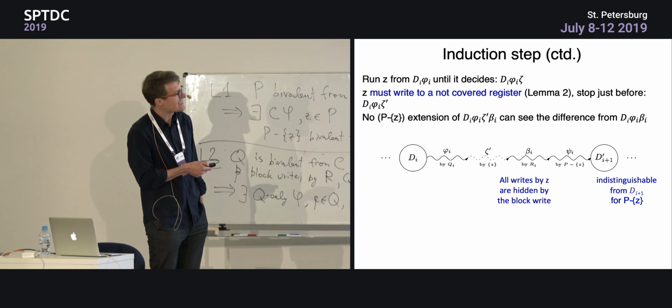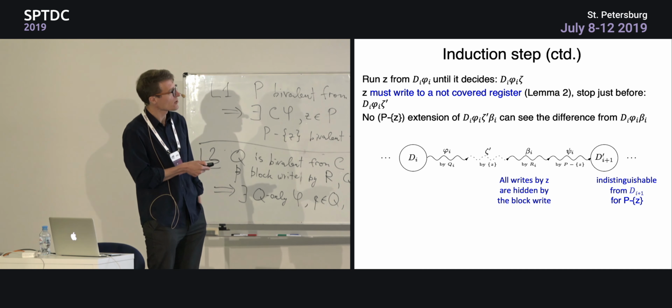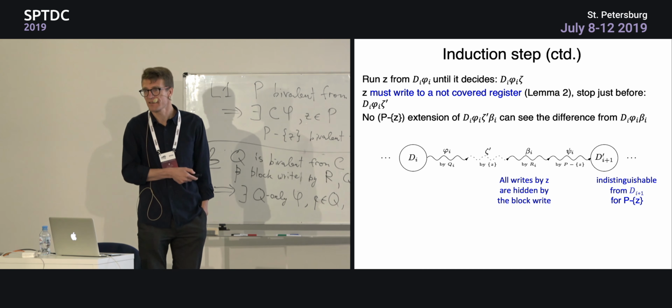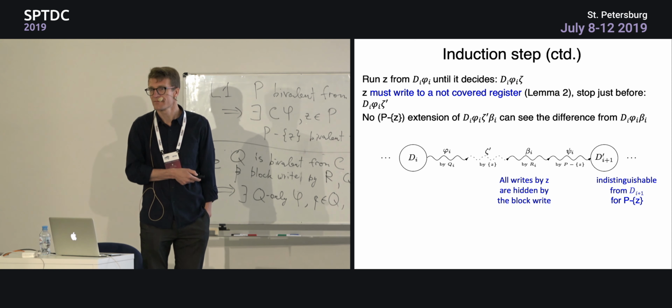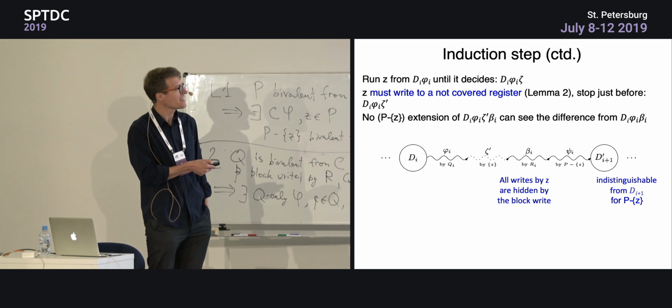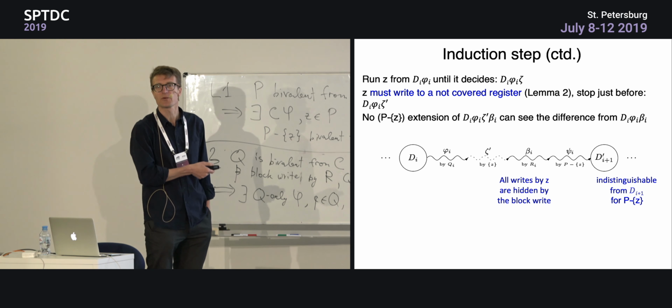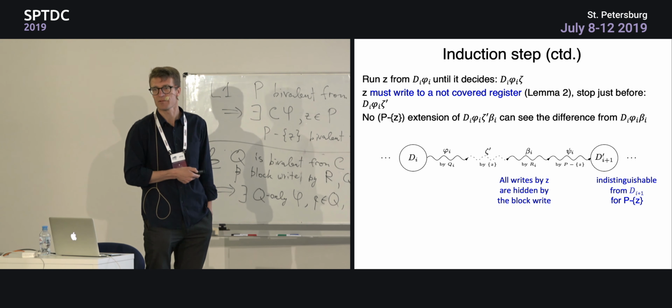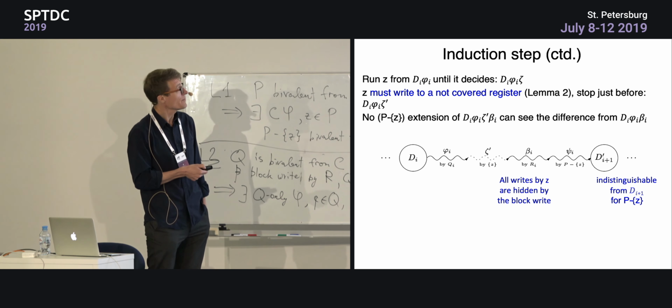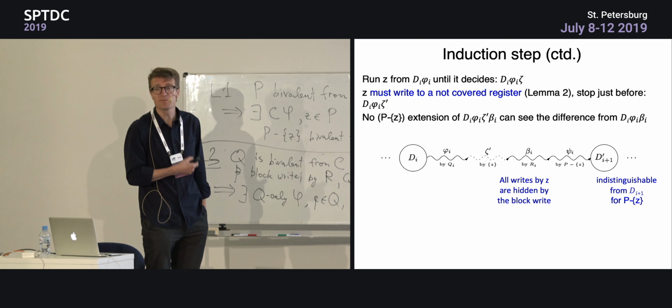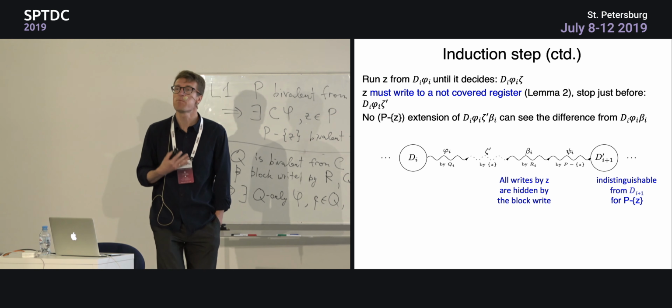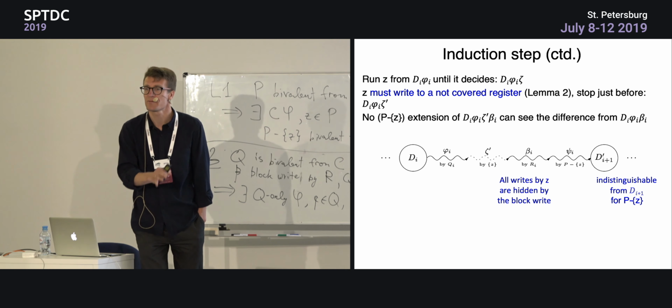And I run this process Z solo until it's about to write somewhere outside of set S. Remember that this set S sometime later is also covered by some other configuration DI plus 1, DJ. But I stop it just before it writes. So it is about to write to some register outside of S, but I stop it here.